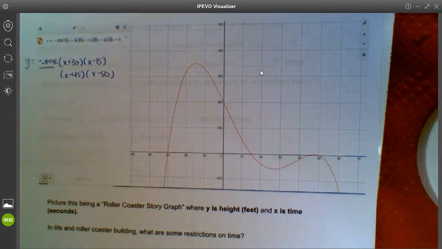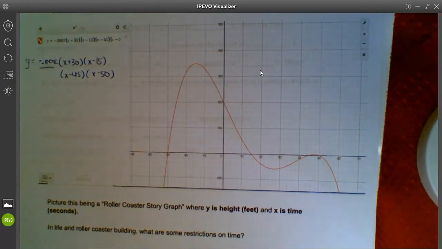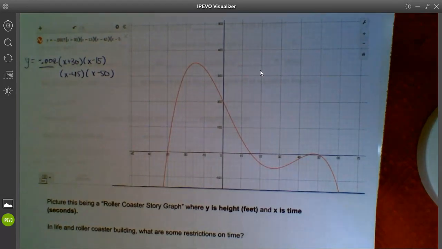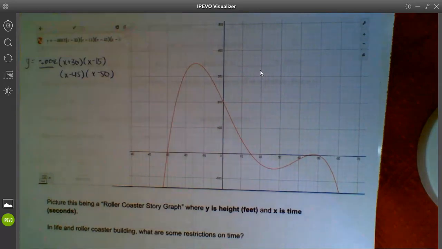Let's go away from that and go to real life and look at it in a practical sense. I'm going to tell you now that part of this actually represents a roller coaster story, where height, the y, is represented in feet, and the x-axis is time in seconds.